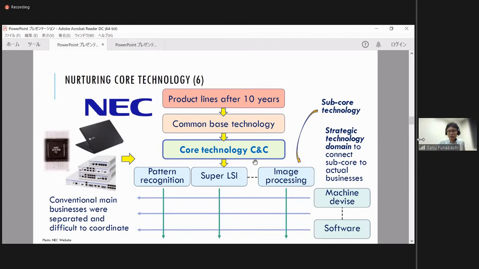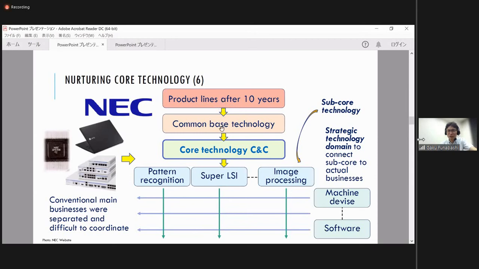And the conclusion: the core technology is computer and communication, the technology related to computers and communication, like IT. Based on this core technology, they set several sub-core technologies like pattern recognition technology, super LSI, large-scale integrated circuit technology, and image processing technology.